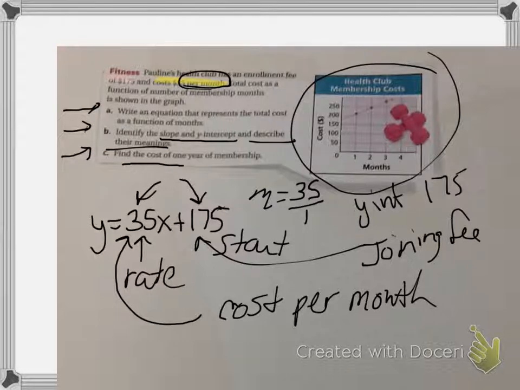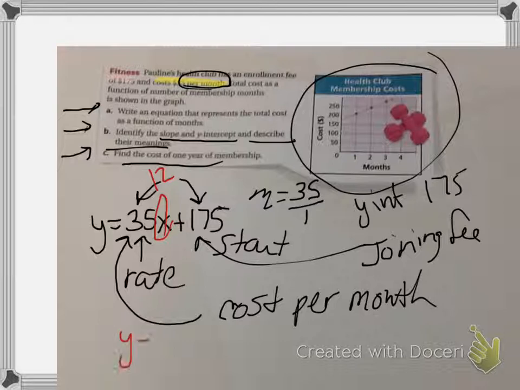Then it says find the cost of a 1 year membership. You could find it by just looking at the graph, but the graph doesn't go that far. Whoops, read the question. 1 year is going to be when the months are 12, so you could plug a 12 into the equation.